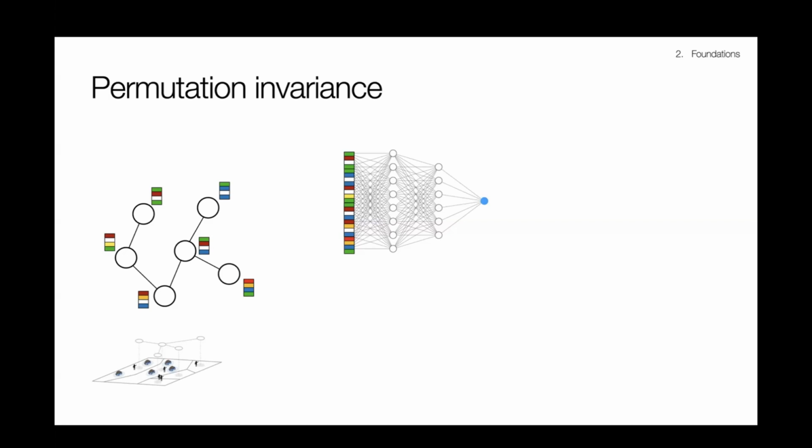The point is that unrolling the graph into a vector is not a permutation invariant operation. If we were to simply switch the names of nodes, we would obtain a completely different input for the neural network. This doesn't make sense intuitively, because just by calling nodes differently, we don't change the properties or characteristics of the graph itself. Ideally, we would want a functional class that is invariant to these permutations.